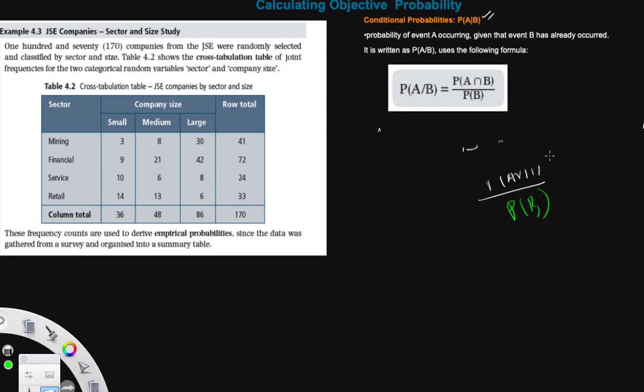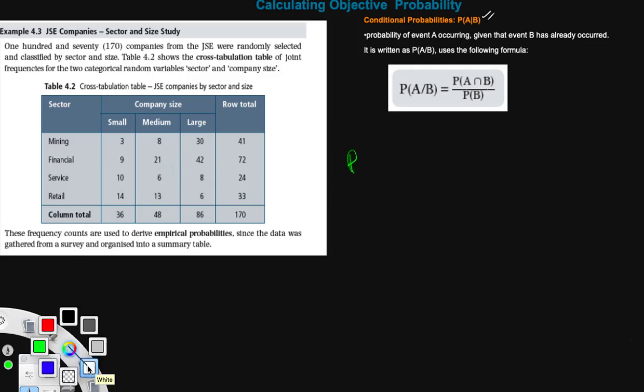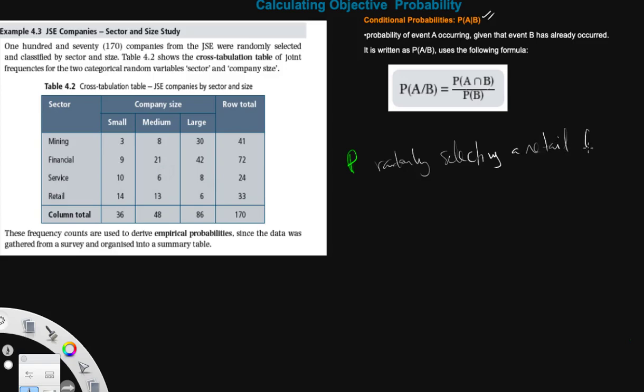Let's find the scenario. What if I asked a question such as, what is the probability of randomly selecting a retail company, given that it is known, or we know in advance it is known to be a medium size?